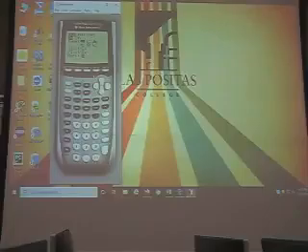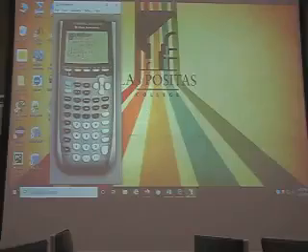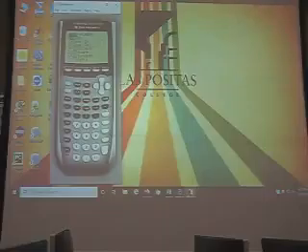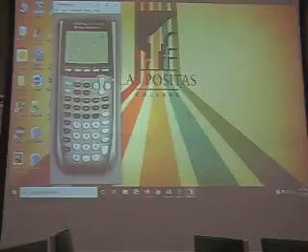Circles are good. And then you just plot it. Then you just graph it. Zoom 9. There they are. So it's kind of cool that this will do that for you too.